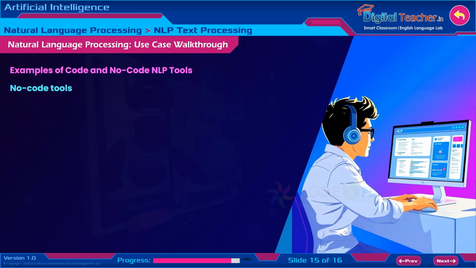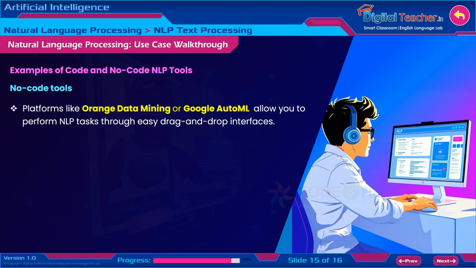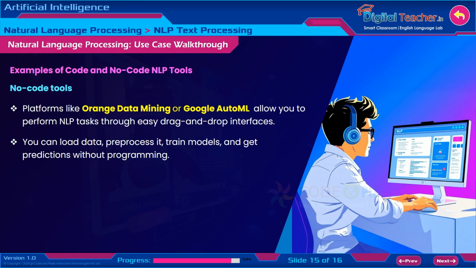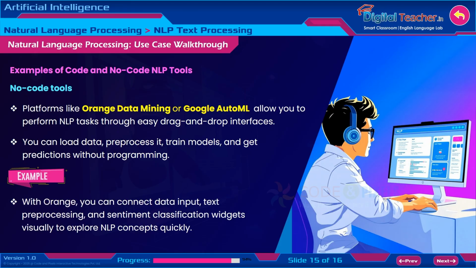No-code tools: platforms like Orange Data Mining or Google Automated Machine Learning allow you to perform natural language processing tasks through easy drag-and-drop interfaces. You can load data, pre-process it, train models, and get predictions without programming. Example: with Orange, you can connect data input, text pre-processing, and sentiment classification widgets visually to explore natural language processing concepts quickly.